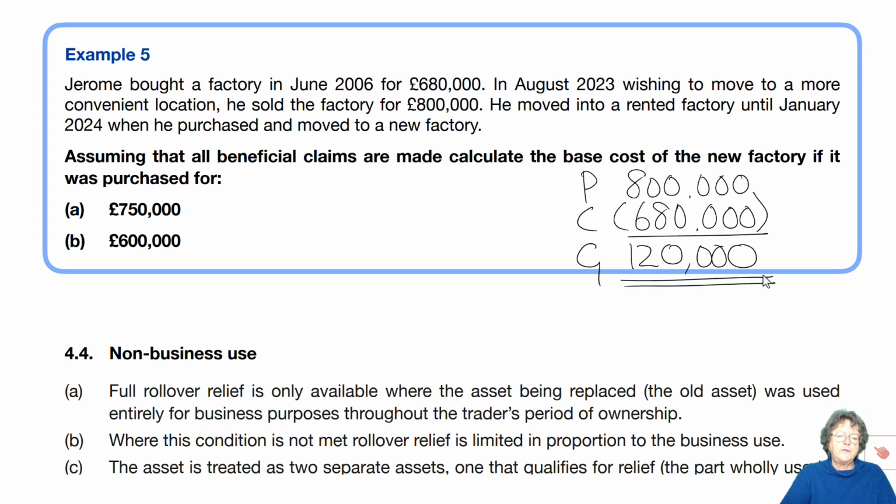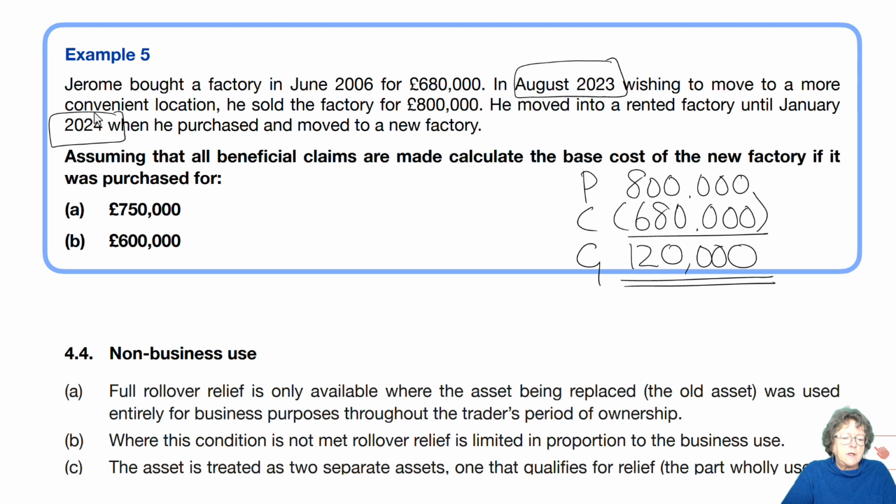Proceeds less cost equals gain. He moved into a rented factory until January 2024 when he purchased and moved into a new factory. It's within the time span. Both of them are factories that are used in the business and both of them are qualifying assets. So we're going to get rollover relief.